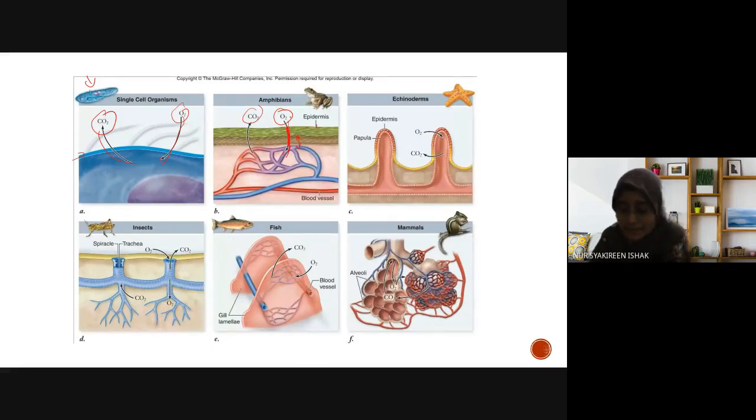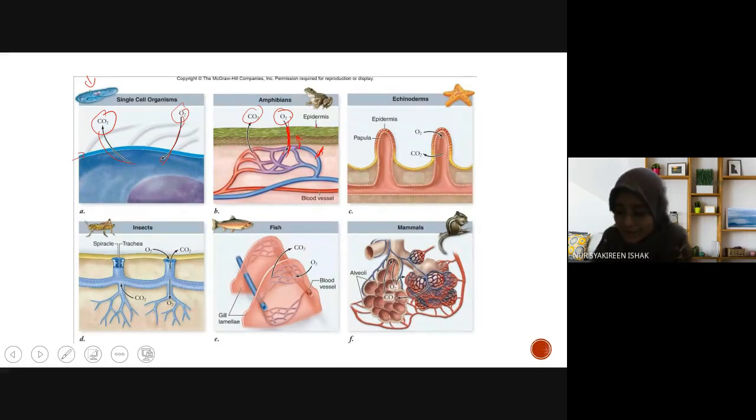into the blood capillaries. Okay, so as you can see, in the picture, the blood vessels that are coloured blue carry oxygen rich blood. Sorry, the blood vessels that are blue in color carry oxygen rich blood.